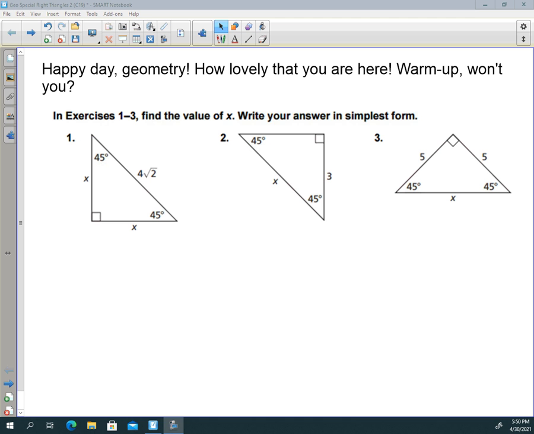Alrighty, welcome back. So all three of these triangles are isosceles right triangles. Notice that they have right angles, so they're right triangles, and then they're all marked with 45-degree angles in all of the other vertices. That makes them isosceles right triangles, or 45, 45, 90s.